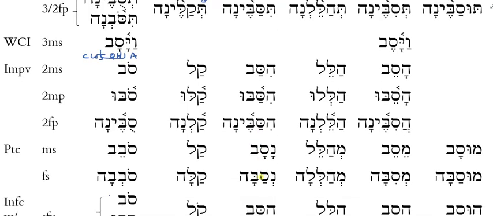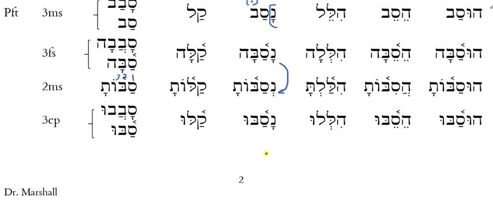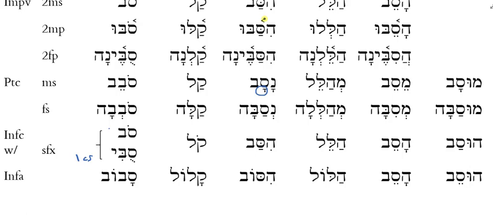The participle is nasav. Okay, just as in the Nifal participle of the strong verb, I have my characteristic Nifal nun here, and if you also remember, the Nifal participle has a qamets for its theme vowel, and that does make it different from the Nifal perfect, which has a pathach for its theme vowel. Okay, that's true of the strong verb in the Nifal. It's true here. This qamets is not just long. It is understood in the Nifal participle to be irreducibly long.